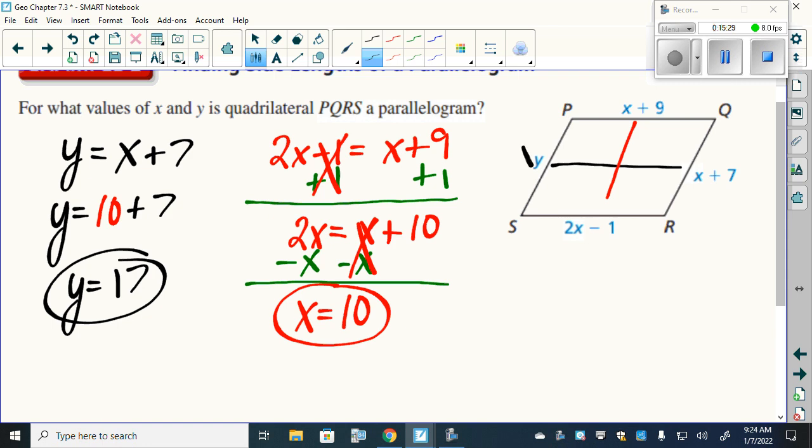Because if we look at this here, y is 17 and x is 10. Here 10 plus 7 is 17. Here 9 plus 10 is 19. Well, 2 times 10 is 20, but 20 minus 1 is 19. So we do have that the opposite sides are congruent. And that's it.